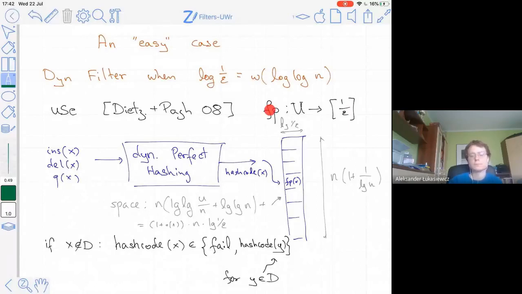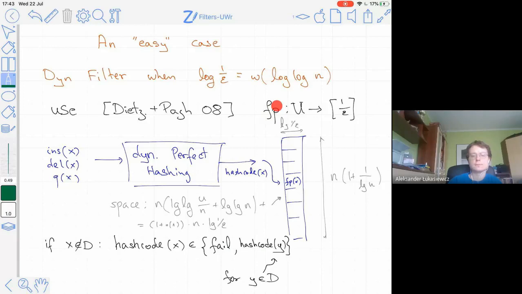Now I can do insertions, deletions, and queries because it's a filter, and I use a dynamic perfect hashing as a black box. And this dynamic perfect hashing gives me, if X is in the subset, a hash code for X. If X is not in the subset, it either gives me a fail or it gives me a hash code of another element. I don't care which. But of course, the perfect hashing has no idea of what this FP function is.